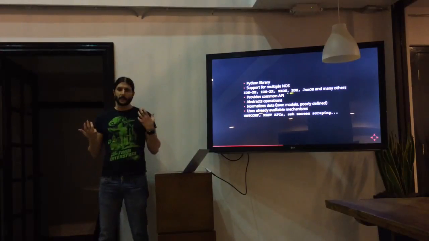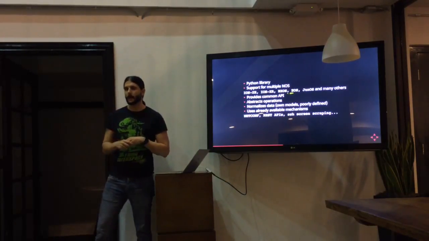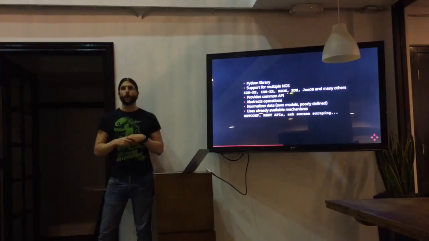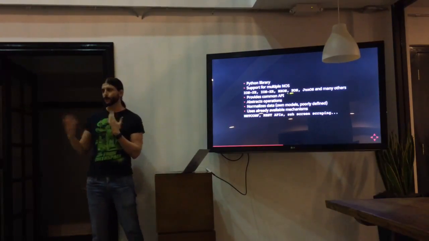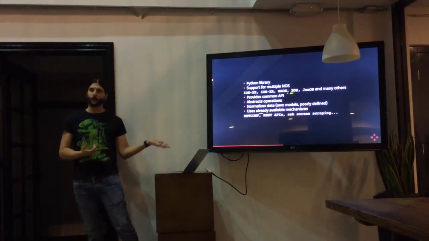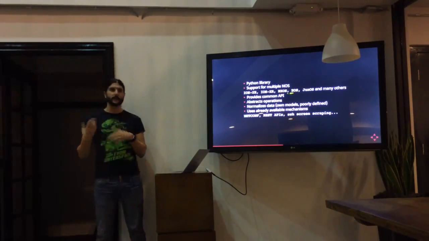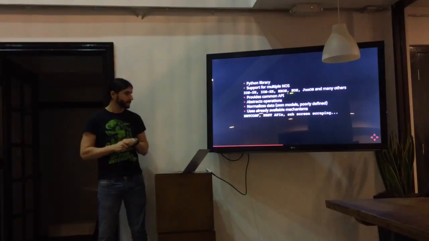The idea is that it provides a common API to operate the device. So you can say, I want to deploy this configuration, or I want to get BGP neighbors, or I want to roll back the last commit, or I want to get a diff of the configuration.